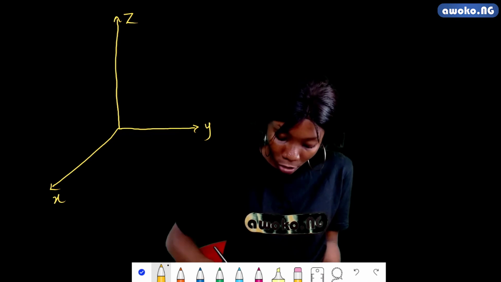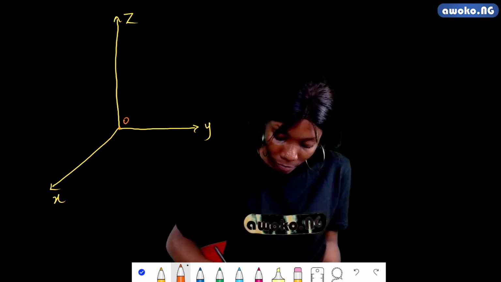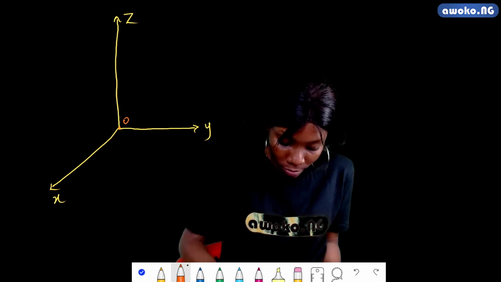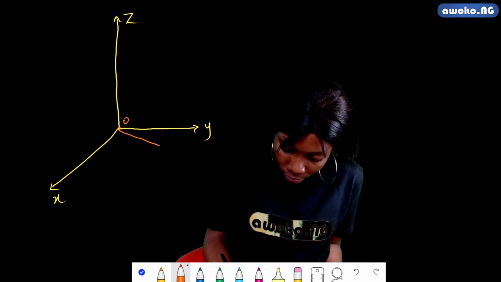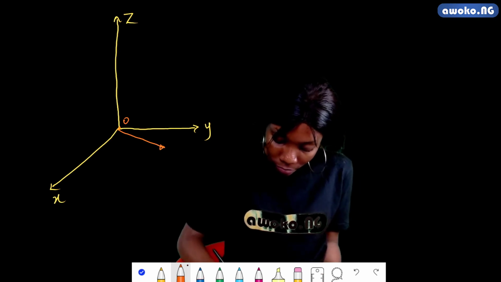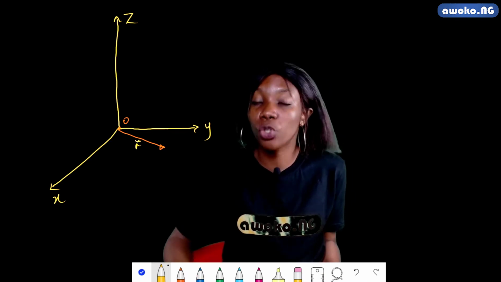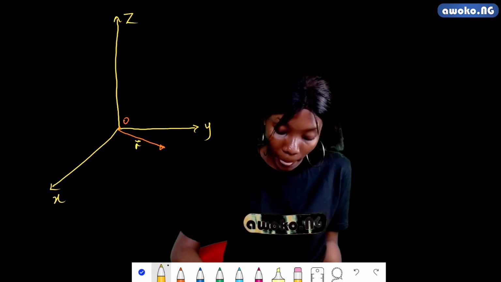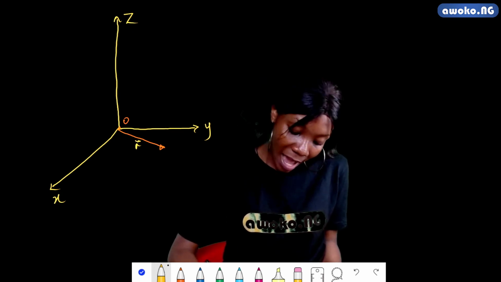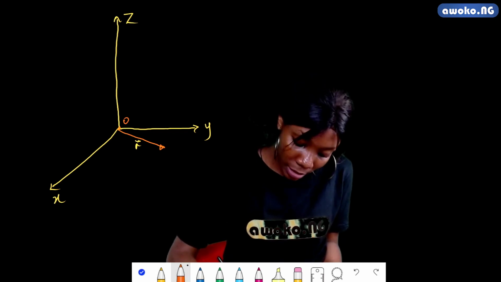So now we have the position vector. Okay, this is our point 0 here. We have the position vector r in this direction. This is r. Because it's a vector, we indicate it with an arrow showing its direction. Then we have the angular momentum L in this direction.